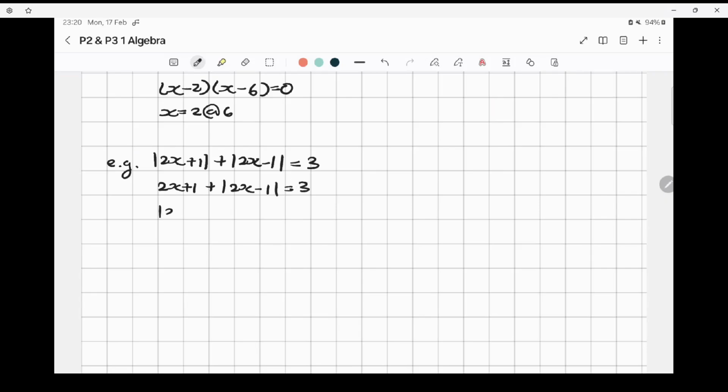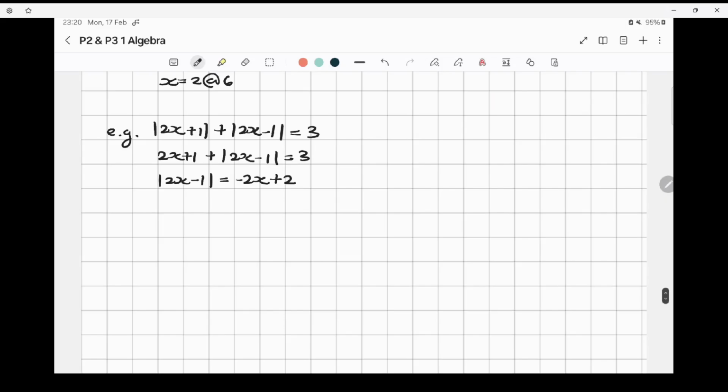So modulus of 2x minus 1 becomes minus 2x plus 2. Then you use another layer of the positive part of your piecewise function. So 2x minus 1 equals minus 2x plus 2. Then 4x equals 3, or x equals 3 over 4.